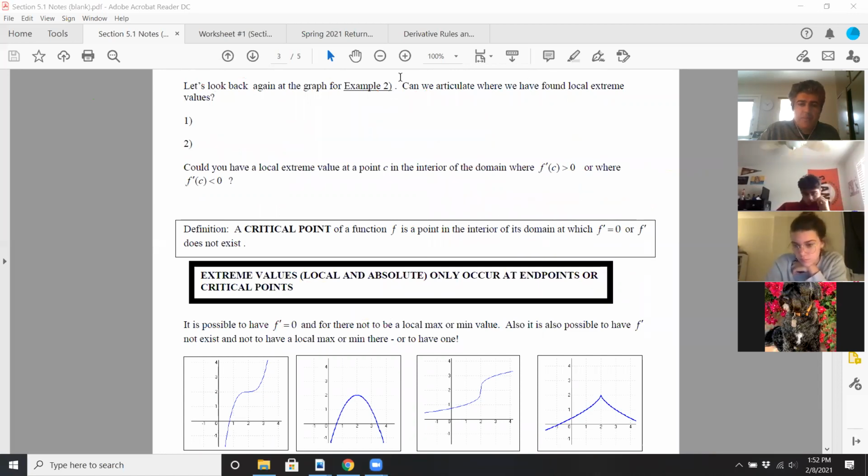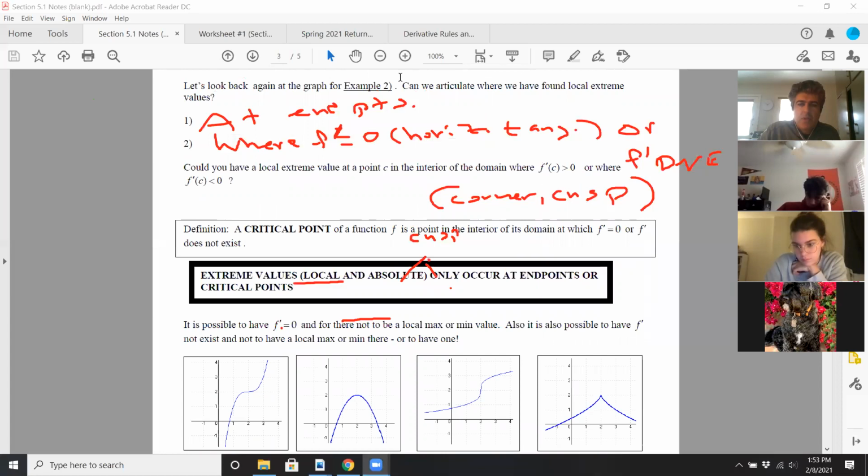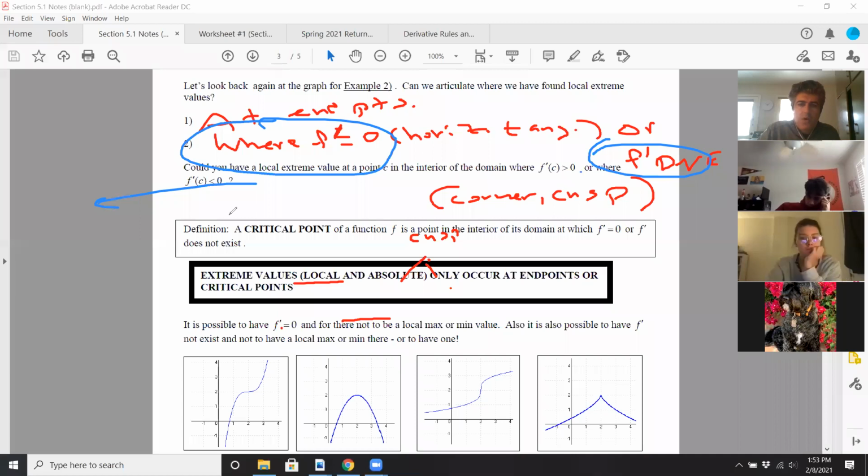By the way, whenever f prime equals 0 or does not exist, we call those critical points. And we use that term often during the session. They're called critical points, where f prime equals 0 or f prime does not exist.